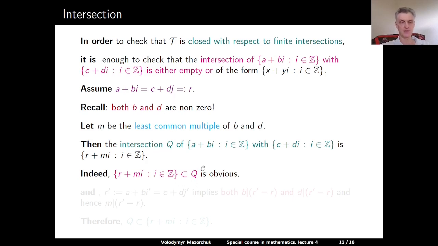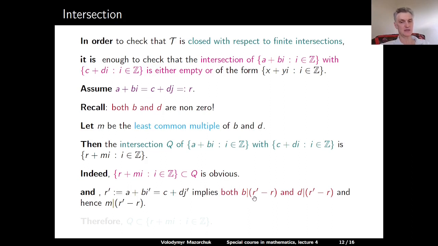So that's clear. In order to prove the reverse inclusion, let us assume that we have some number r prime, which has the form a plus bi prime and c plus dj prime. But then we can subtract r from r prime, and then a cancels, and we get b times i prime minus i.